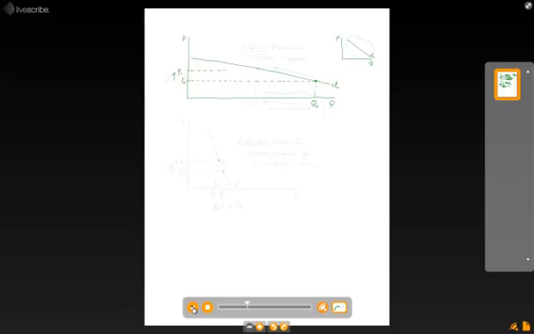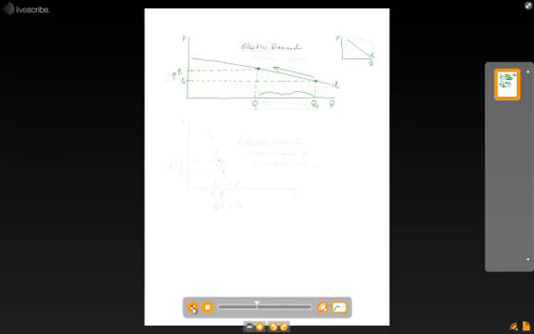But I want you to notice as we move along this demand curve in this direction that not only does our quantity demanded decrease, but it decreases by a very large amount. So in this situation, we would call this elastic demand.